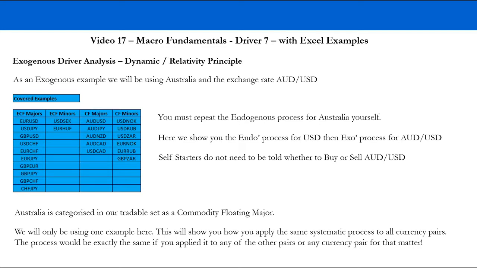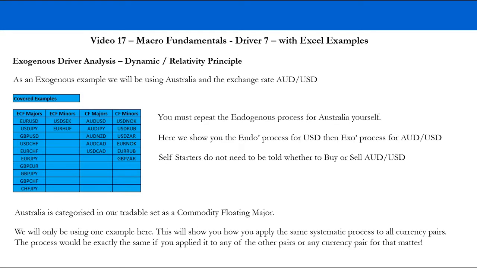So go through the whole process that we went through with the US dollar and scorecard Australia itself, applying all the same drivers, and you'll be able to get the data no problem. And this is one of the reasons why we're using Australia as an example, because it's actually quite straightforward for you to go out there and practice applying the endogenous process yourself to Australia. All the data is available out there. You just need to go and get it.